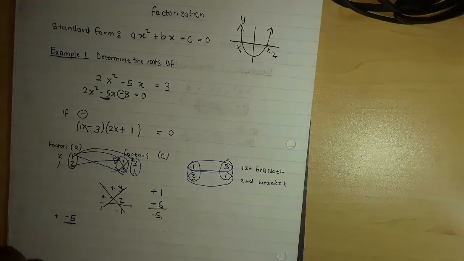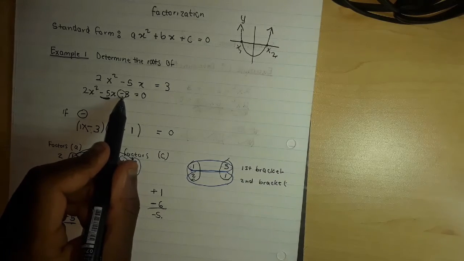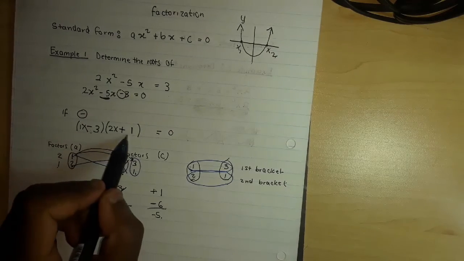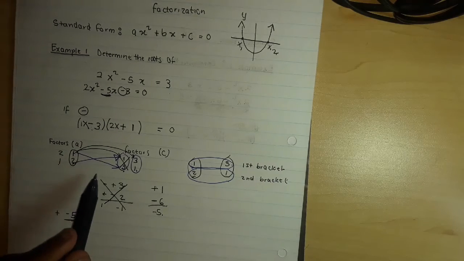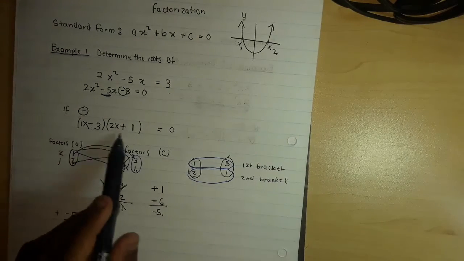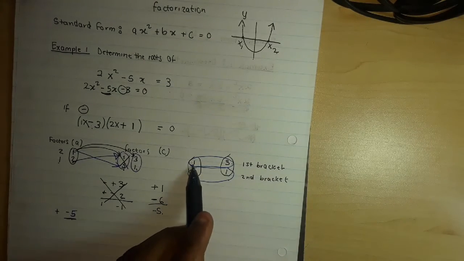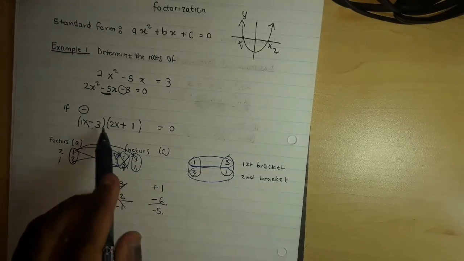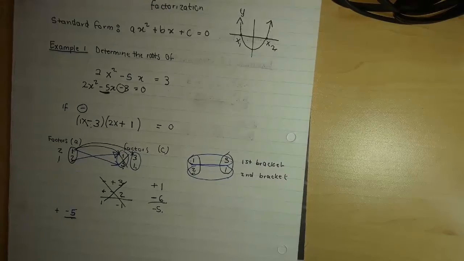We've already defined that if c is negative, there needs to be a minus and a plus. What we were doing was just trying to find the factors to put there, because we already knew their signs.